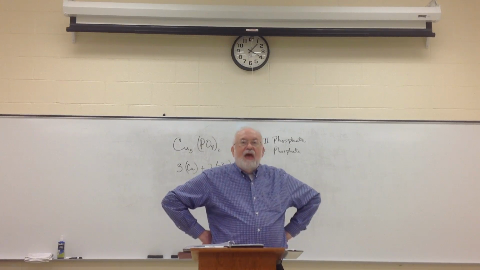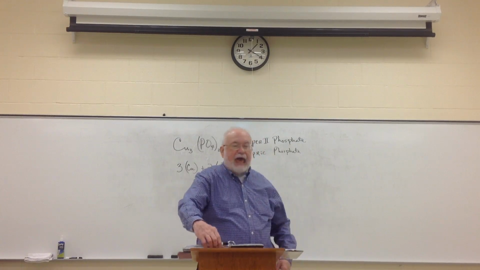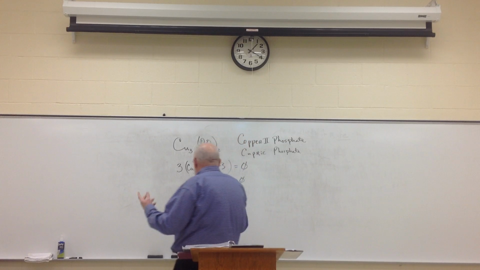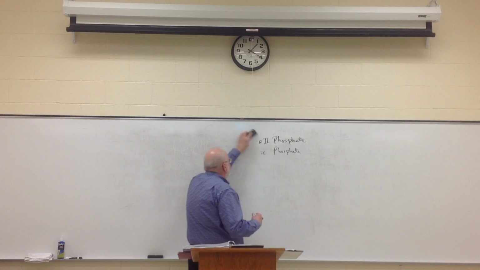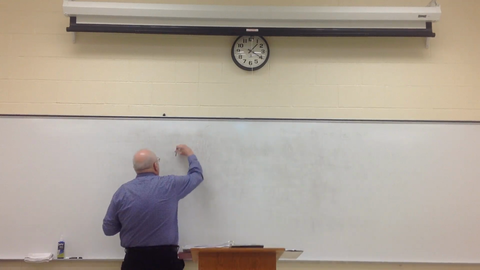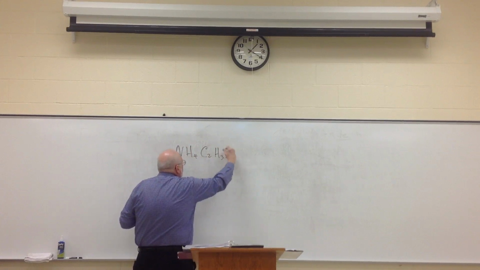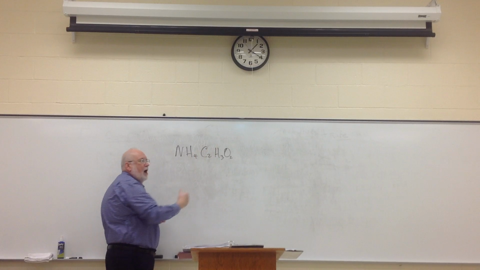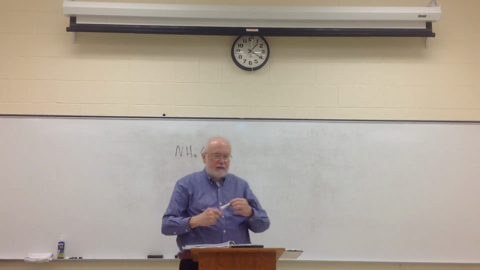Okay? Now, there are some that don't conform to that, like, if we put, let's say, ammonium with acetate and make up that ammonium acetate, like I think we may have had up there a bit ago. Well, all those are non-metals, but that is still an ionic compound. Why?